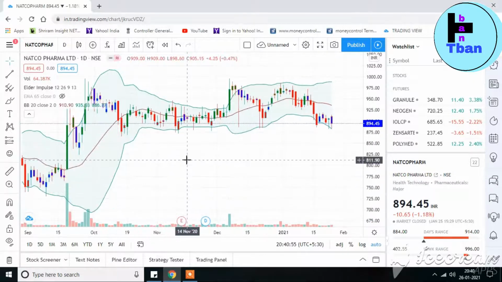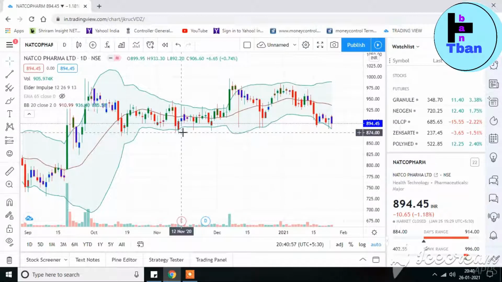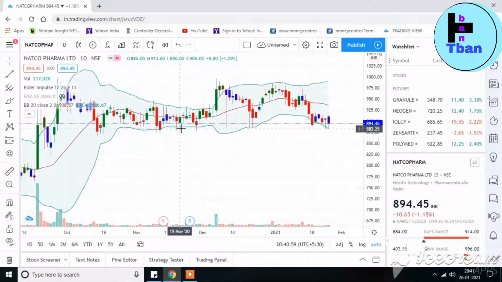Suppose here you see this is the blue candles, here red candles, blue candles. Don't take entry at this place. You can take entry from this area. This is a green candle. Not entry here, because here the green candle did not form above the blue candle.